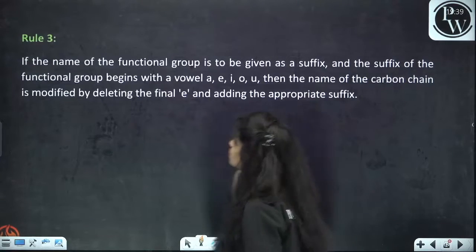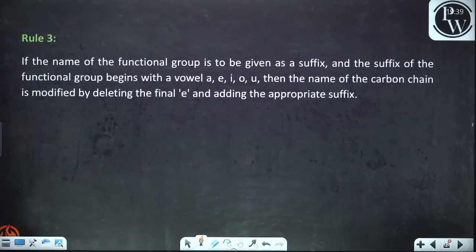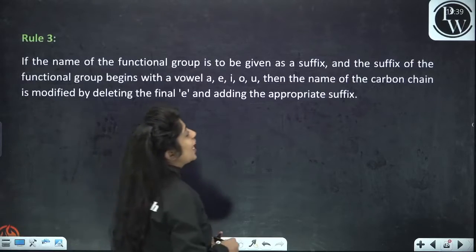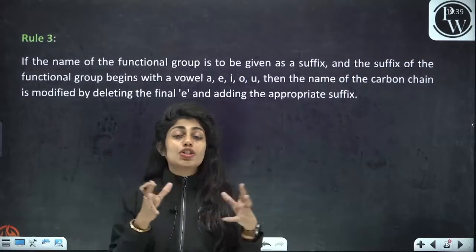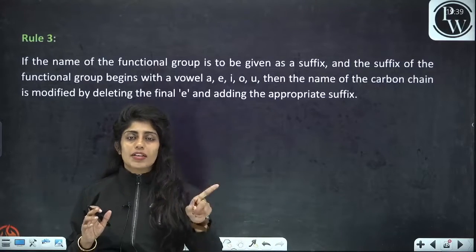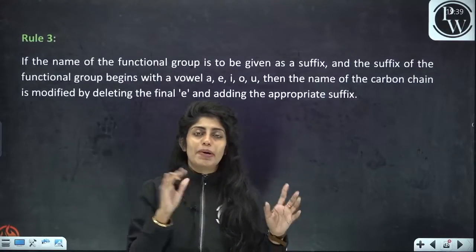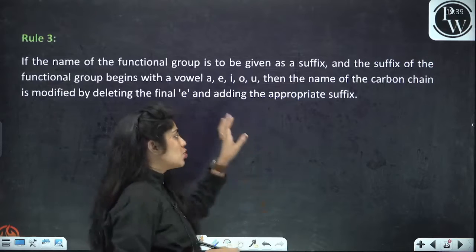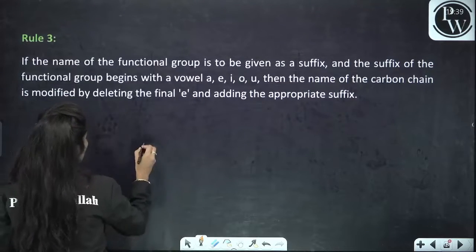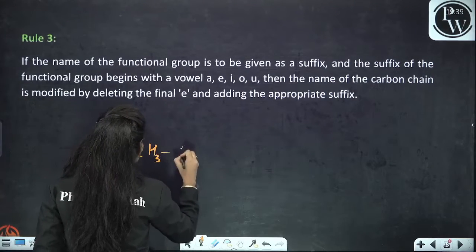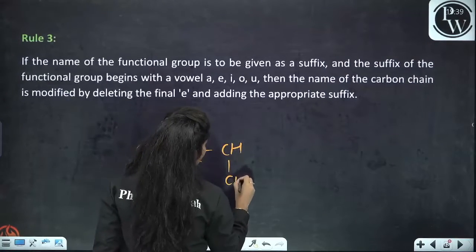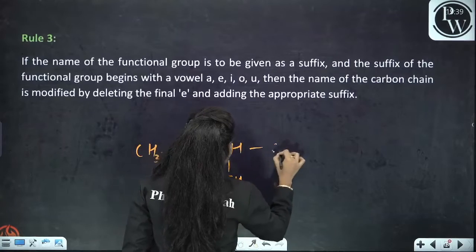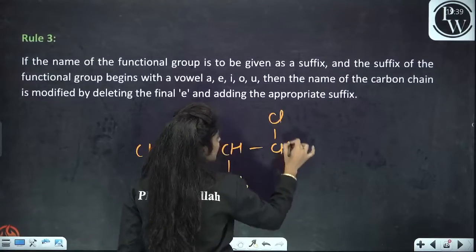Now, if a functional group is to be given as a suffix, then as I told you, two vowels cannot exist together. The former one has to be cancelled by the later one. Are we good? So this is your rule number 3 and this is your homework. Suppose you have CH3, CH2, CH, CH3, CH, Cl, COOH.